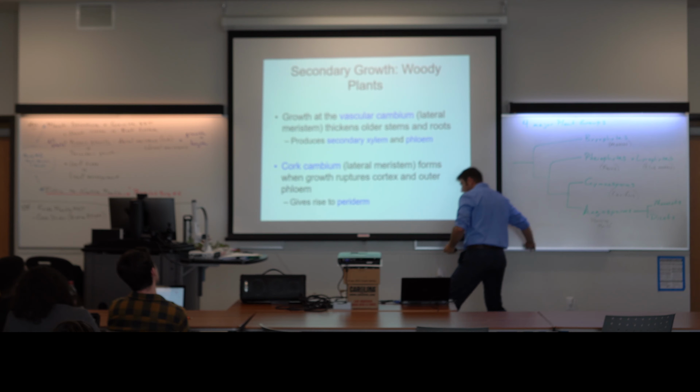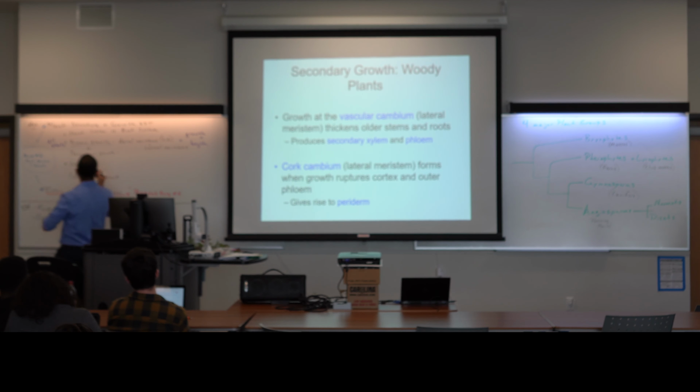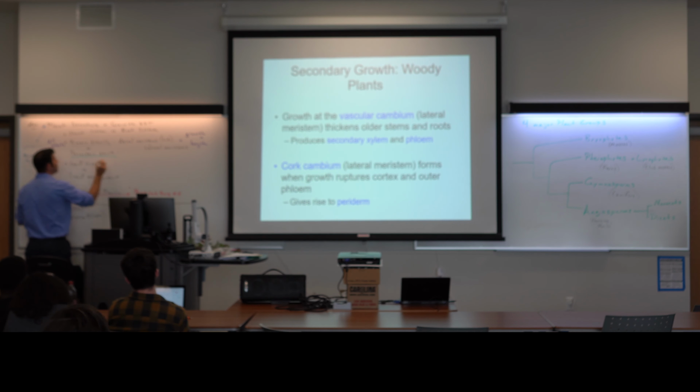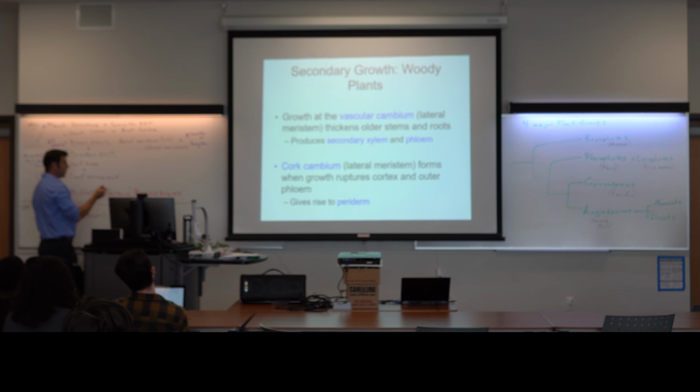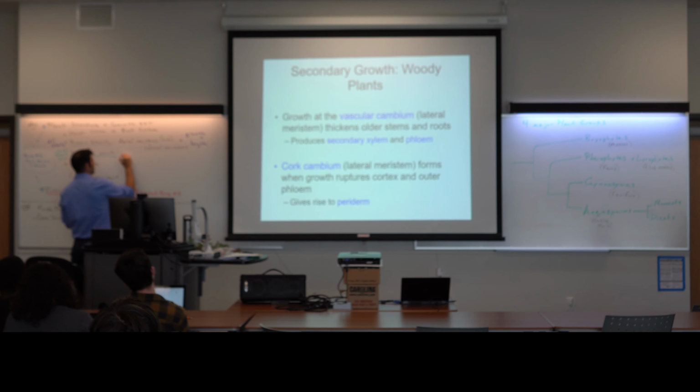Let's get another color. We can say secondary growth is going to be something found only in woody plants. So woody plants only. When we're thinking about secondary growth, this is done by what are called vascular cambiums.